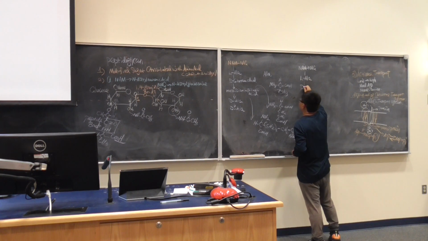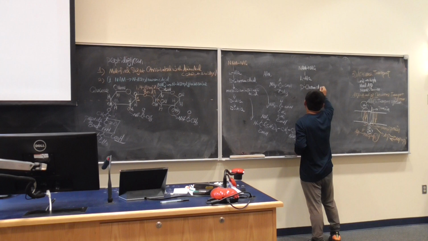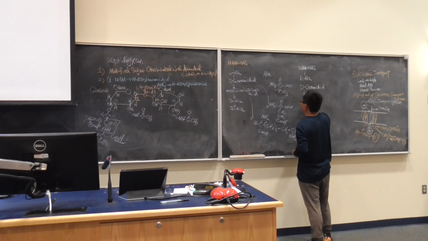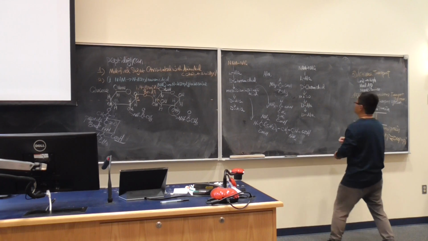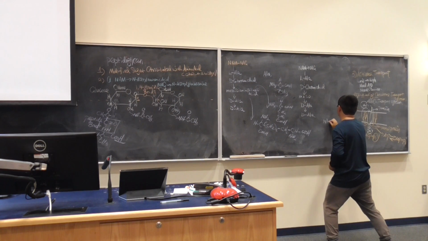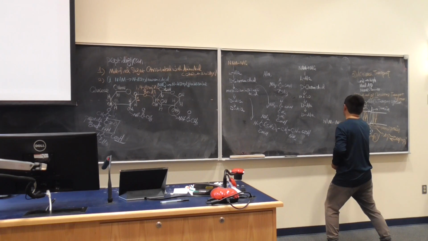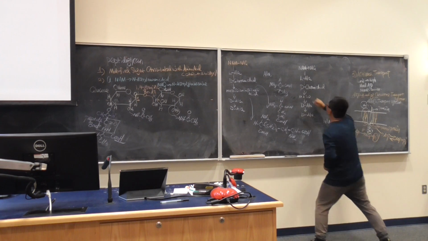Then you go D-glutamic acid. And then you go this special guy, we just say meso-diaminopimelic acid, okay? Then you go here, it's going to be the D-alanine. And then you go D-alanine. Okay, then you have another one like here, NAG, NAM, NAG. Now, of course, this is a long chain.